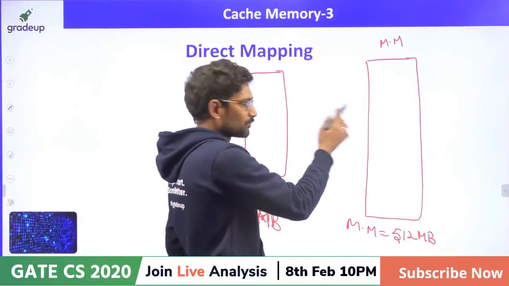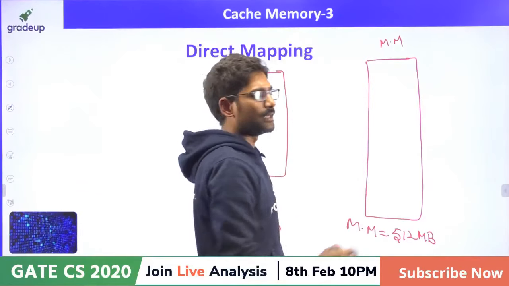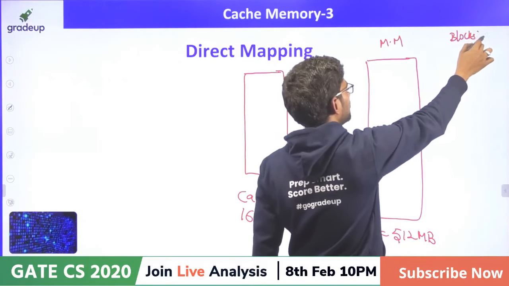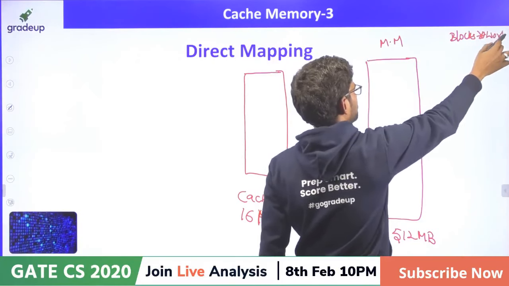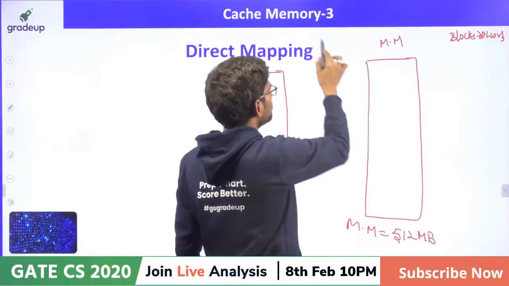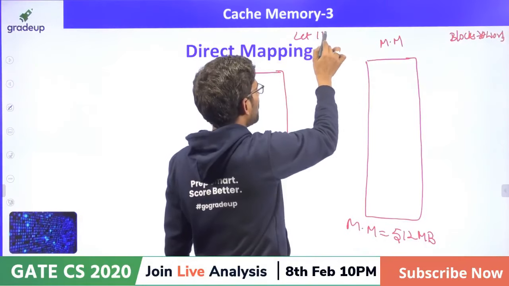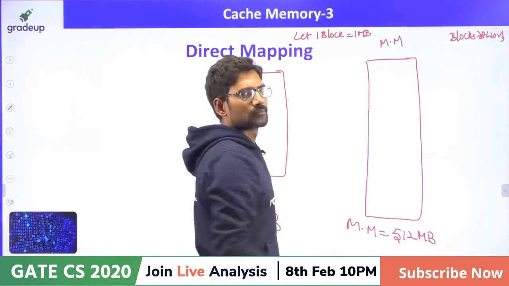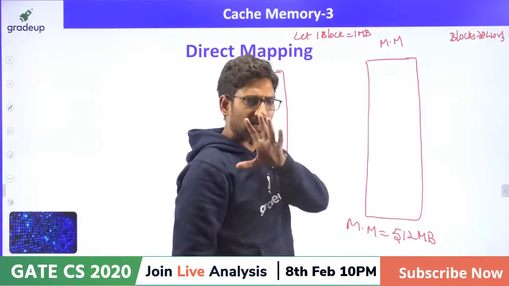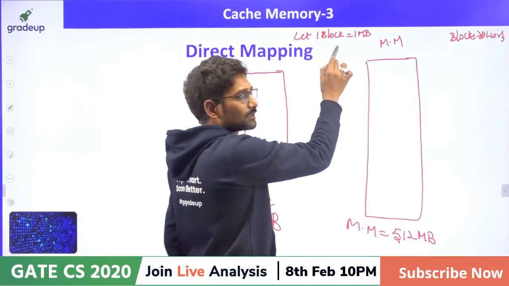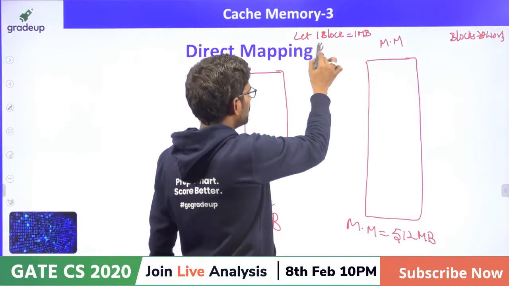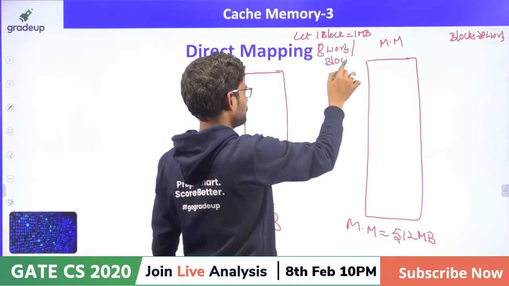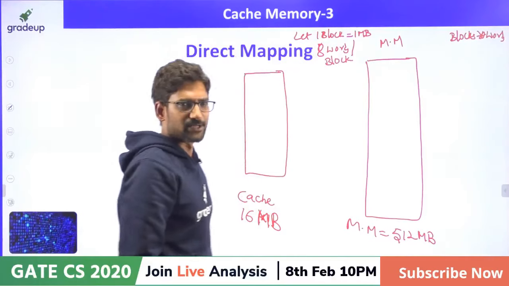And we know both cache memory and main memory will be divided into blocks. Blocks will be divided into words. Let one block size be 1 MB and there are 8 words per block. Please write these specifications.